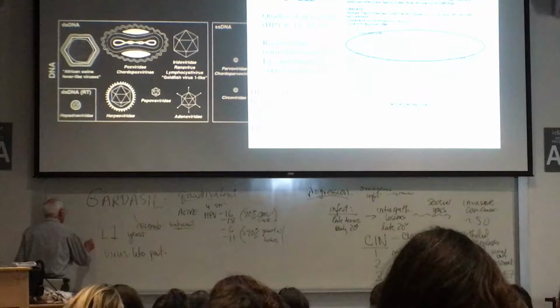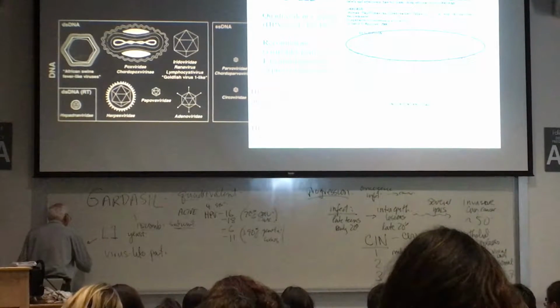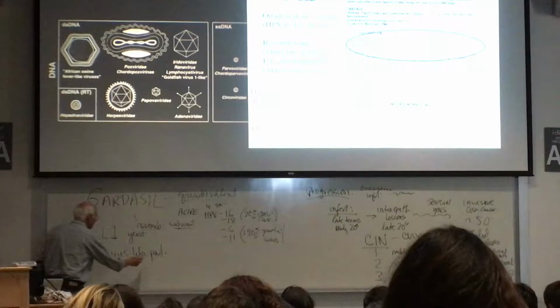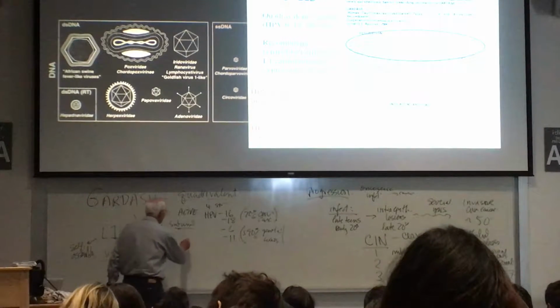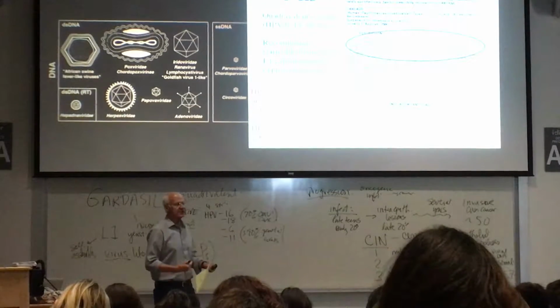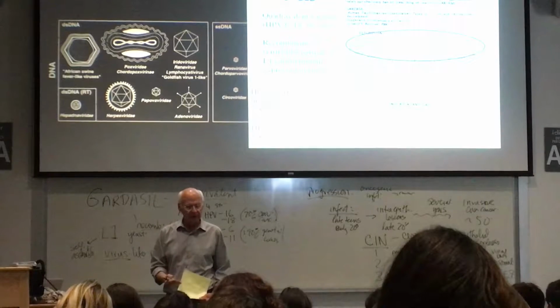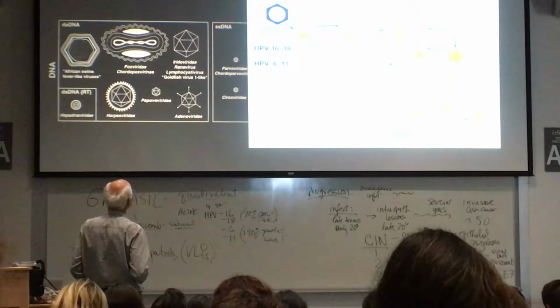So L1 self-assembles, interacts to give these particles that look like a virus. They're called then VLPs. And so it's the VLPs that you've been immunized with. And so then what happens?